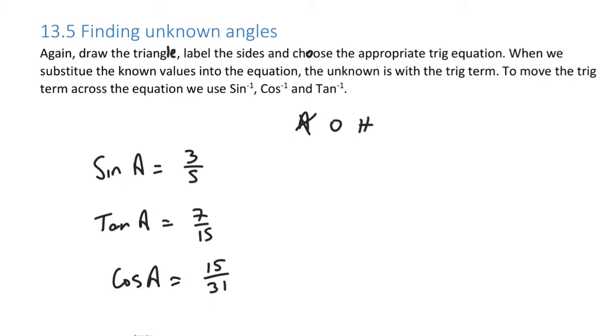And to do that, we can't divide by sine, we can't divide by tan, we can't take it away. What we do is we use the inverse function, which is sine to the minus 1, cos to the minus 1, or tan to the minus 1. And that's using the shift button on your calculator. So it will be the shift or possibly the second function, and then your sine, cos, or tan button.